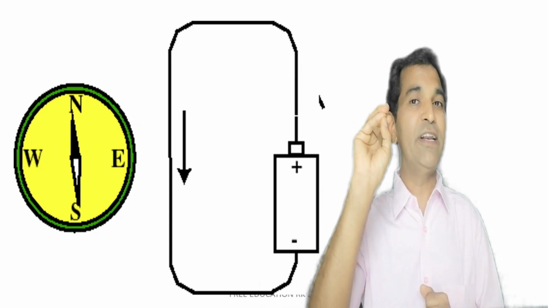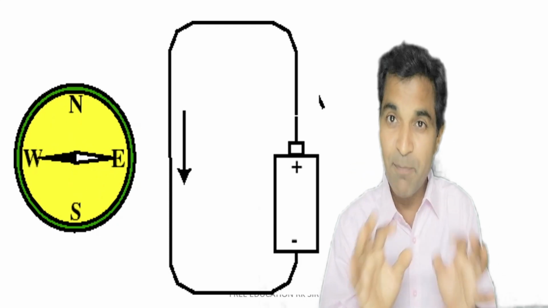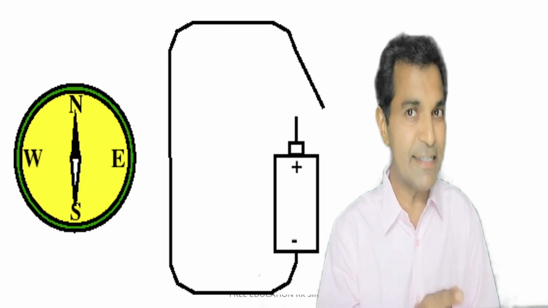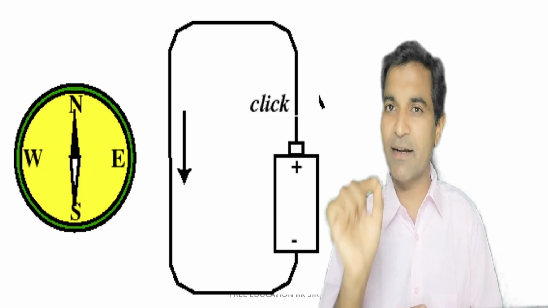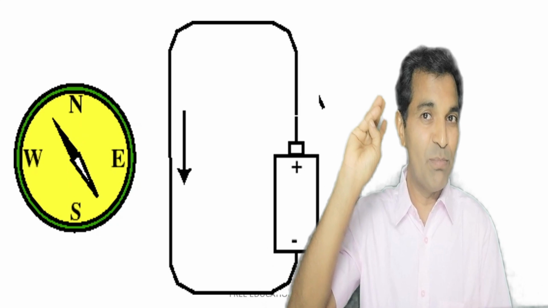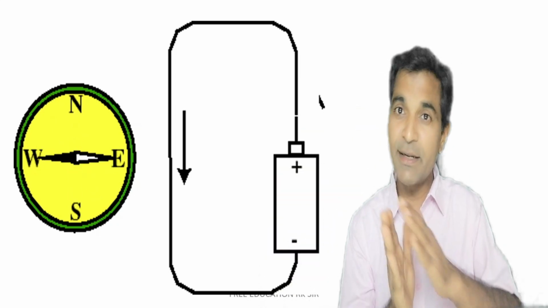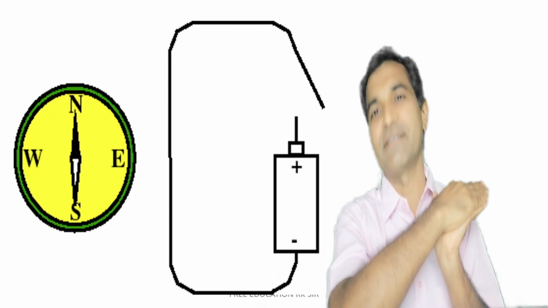Observation number 1. What did Ørsted observe? He observed that there is a deflection in the magnetic needle whenever there is a current passing through a conductor near it. Observation number 2. Whenever we change the direction of the current, then the deflection direction also changes.